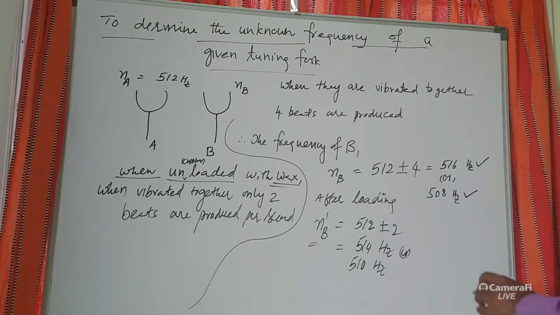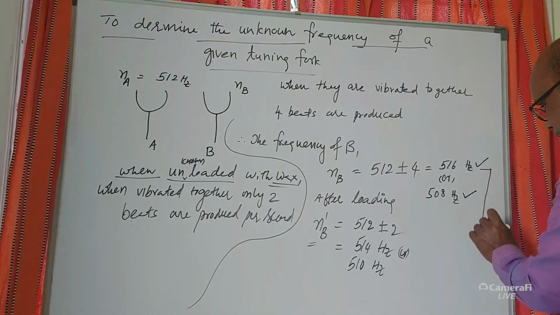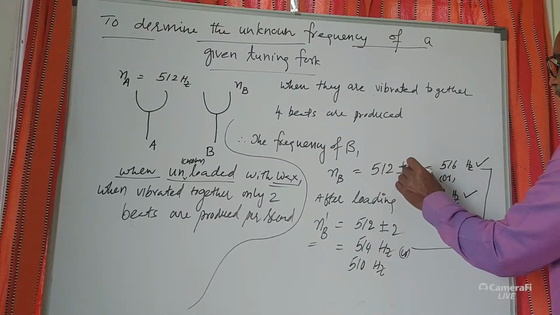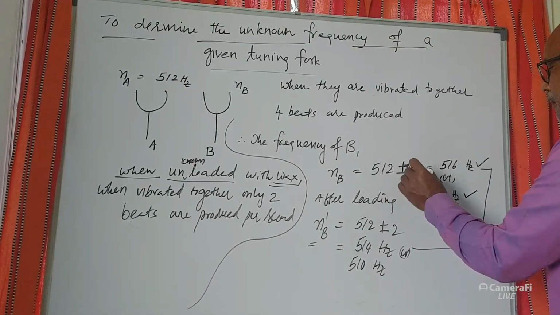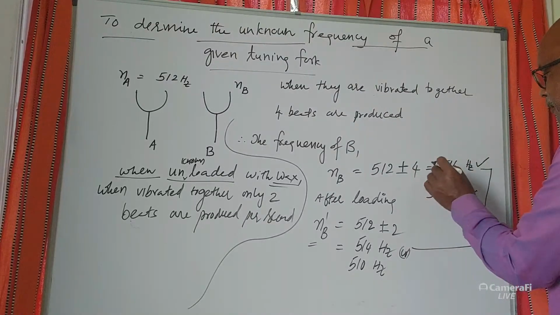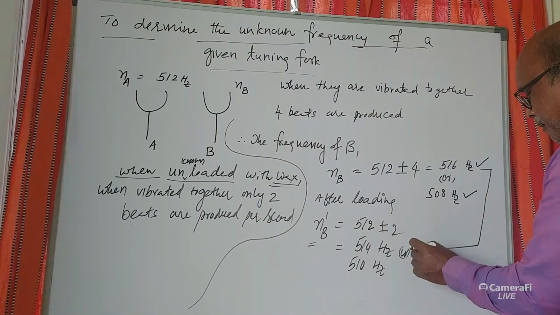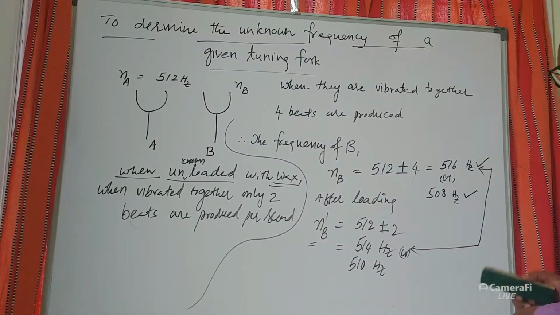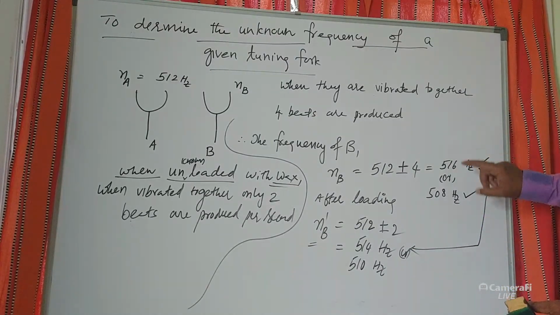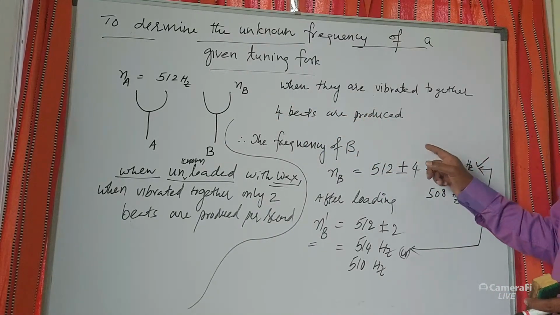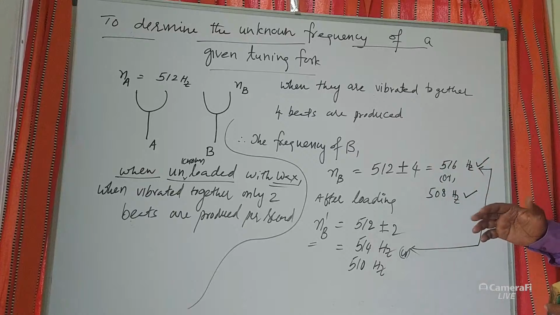Now you compare these two. Compare the added values, the plus values: 512 plus 4 is 516, and 512 plus 2 is 514. When you compare these two, if you consider 516 Hz is the frequency of B, then what happens?